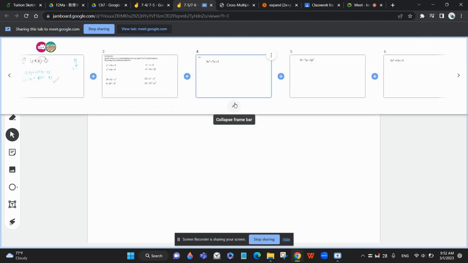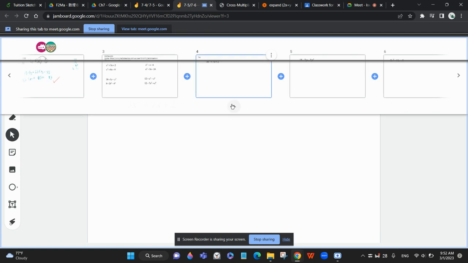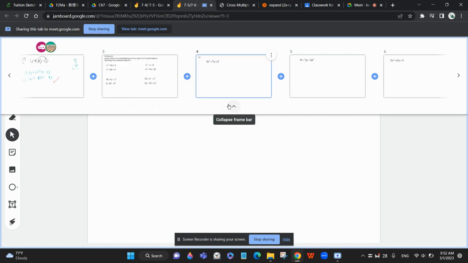And then on slide number 4, it will be about factorizing polynomials in the form ax squared plus bx plus c. So with ax squared plus bx plus c, we are on slide number 4.